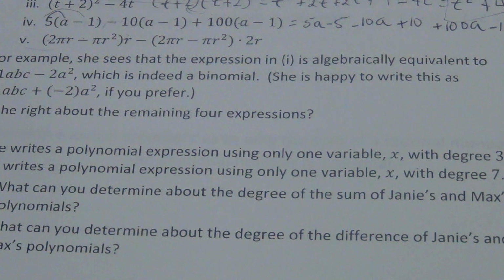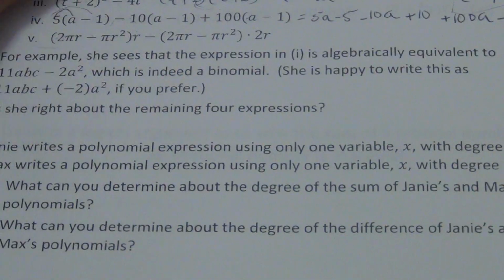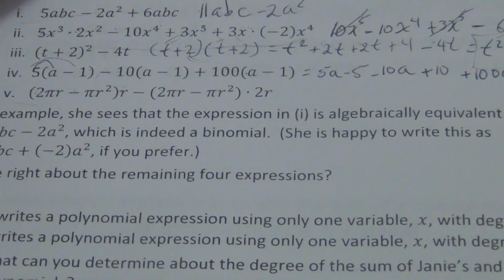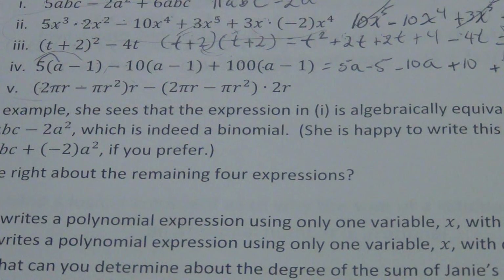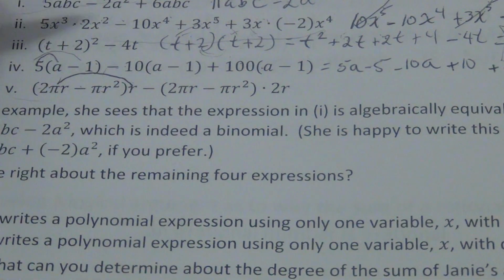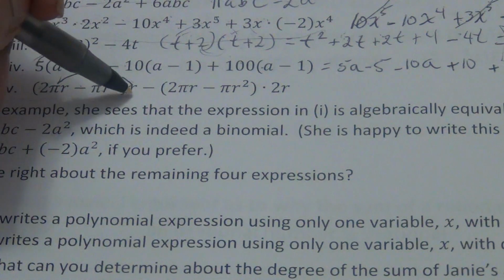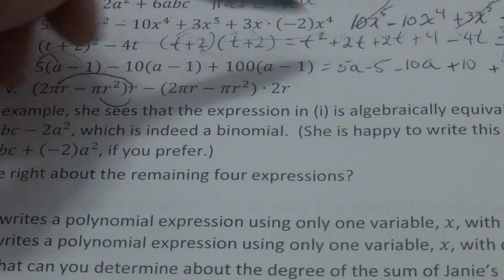Take a minute or so to work on this problem. Remember, you gotta use the distributive property. So you're gonna have to multiply r times 2 pi r squared, 2 pi r, and then r times pi r squared. Then guess what?